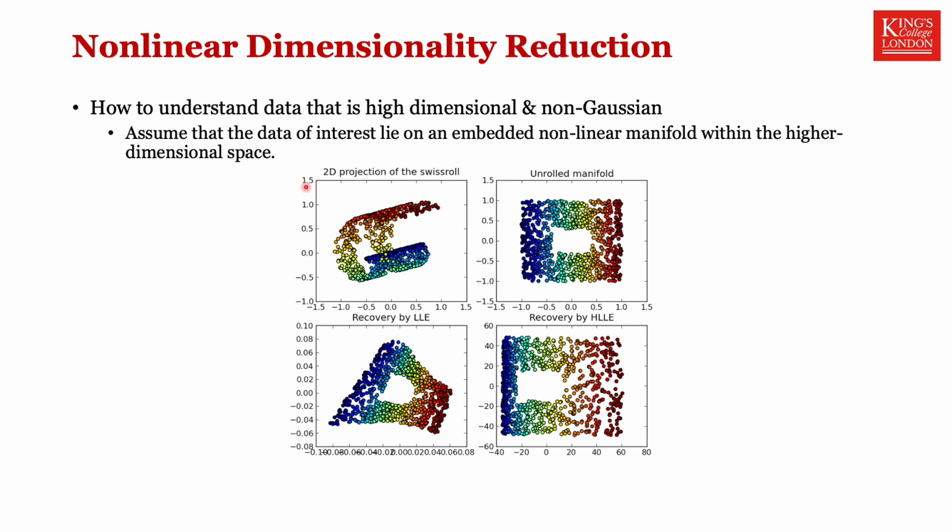So this is a two-dimensional projection of the Swiss roll that lives in 3D, while these are the first two dimensions of the LLE dimensionality-reduced subspace. You see that it has unwrapped the Swiss roll, and now the blue points are on one side and the red points are on the other side, like you'd expect. And the slightly regularized version of this ends up with a definition which is much closer to the true unrolled manifold, which is what you see here on the top right.